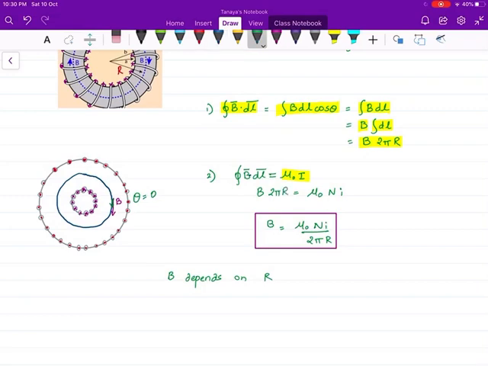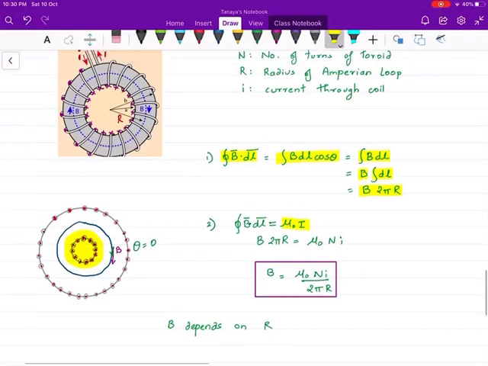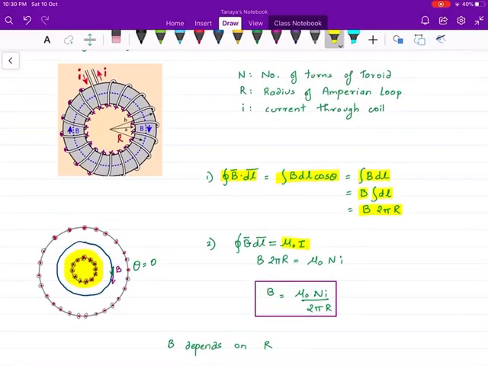That is equal to mu naught times I. What is I? Capital I is the current enclosed by this Amperian loop. What is the current enclosed by this Amperian loop? If small i is the current flowing through each turn and N is the number of turns, this loop is enclosing all the turns.